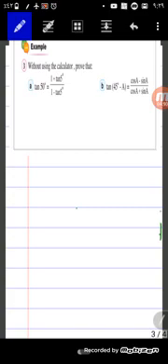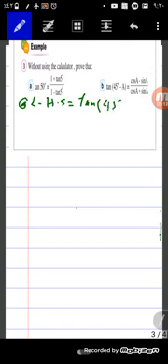Now we can start from the left hand side. Tan 50 we can make as the sum of two angles, tan of 45 plus 5.